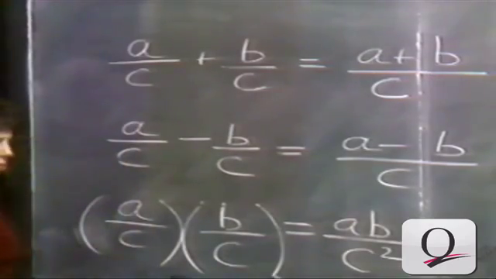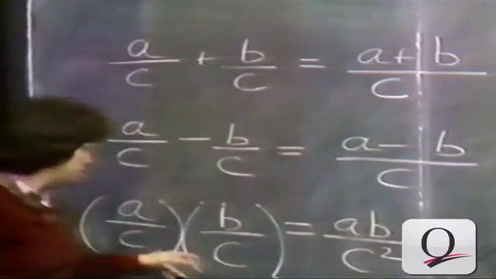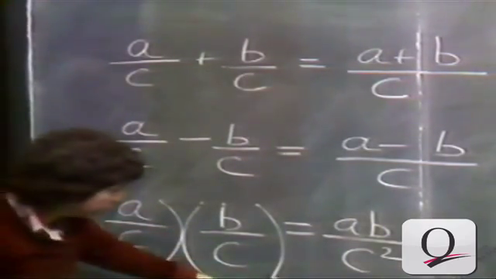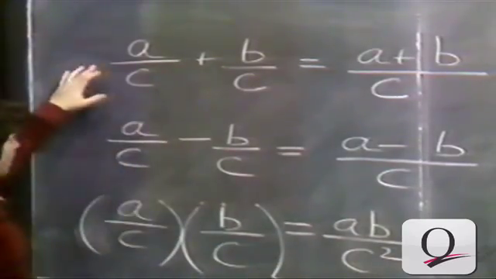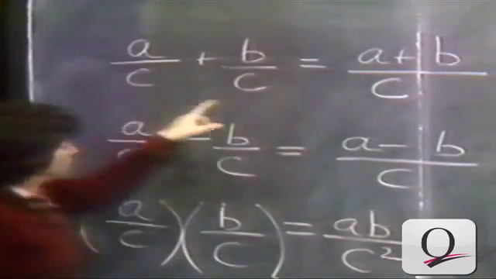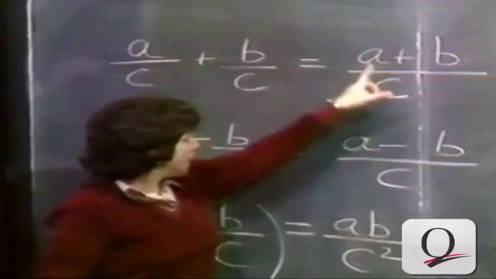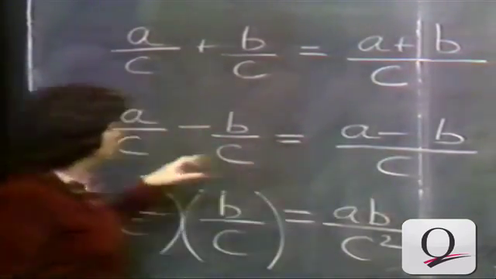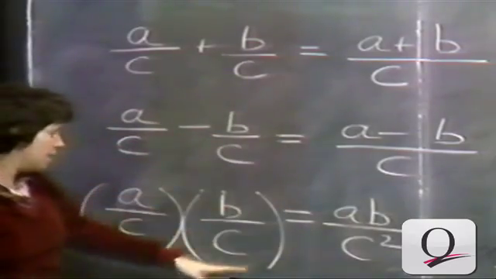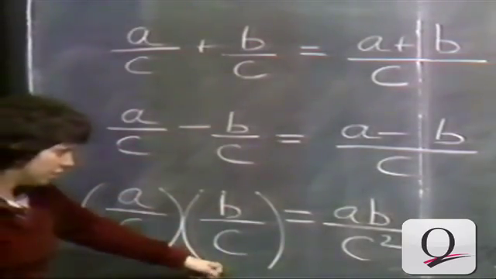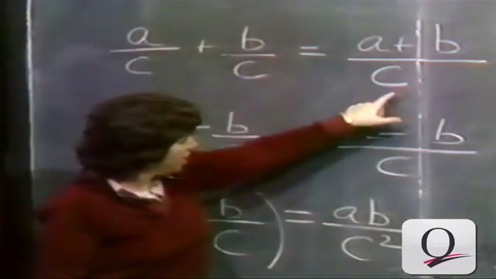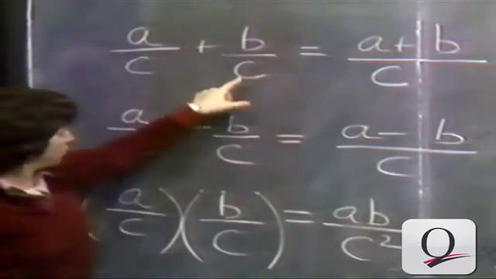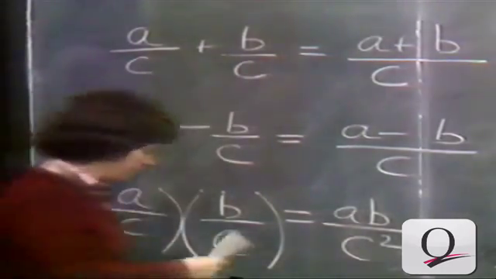That's for multiplication. But if you're adding or subtracting, you leave the denominator alone. You add the tops, you subtract the tops, you put them over the same denominator. This is not multiplication. The denominator in the answer is going to be the same as the denominator in the original part of the problem.